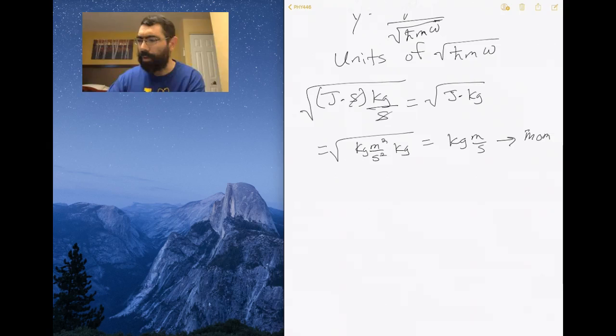So if we put this into our equation, we get the second order derivative of the wave function. Oh, sorry, let's go back.